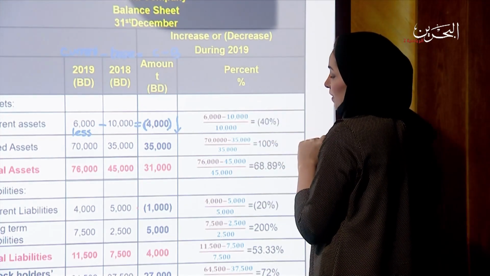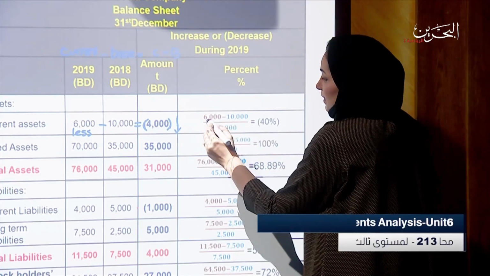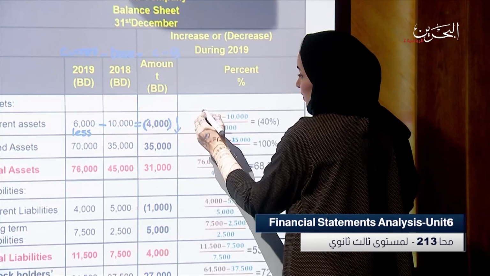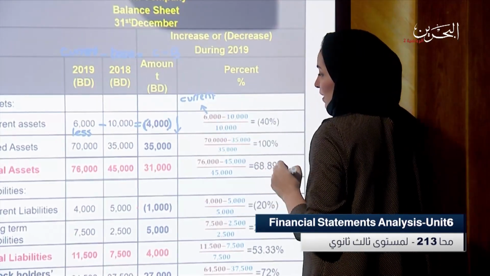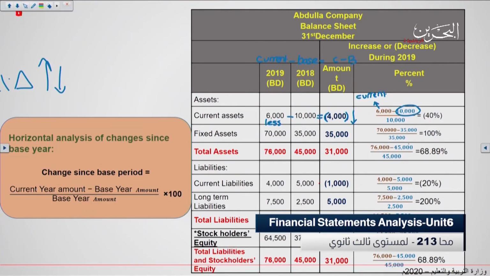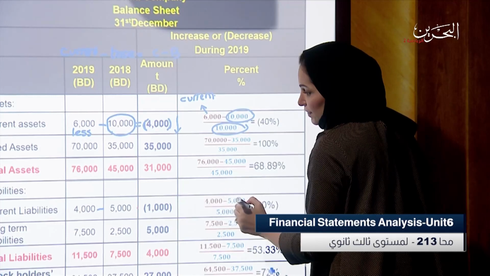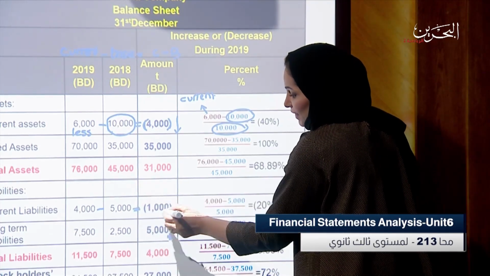Let's apply the percent. The formula says 6,000, which is the current year amount, minus 10,000, divided by 10,000, which is the base year amount, equals 40%. The same for fixed assets. Let's move to current liability. We have 4,000 minus 5,000 equal to 1,000.